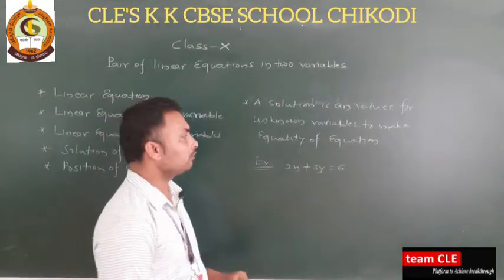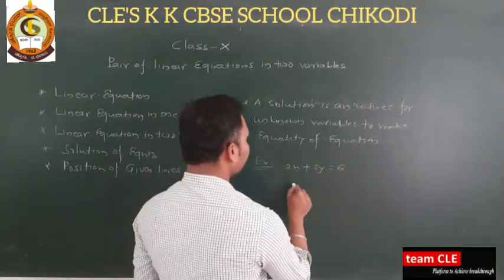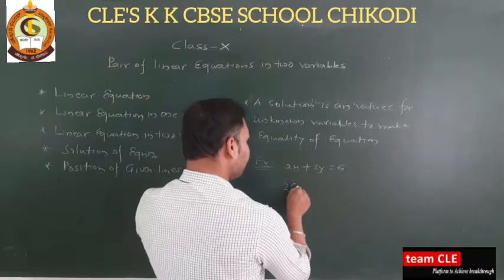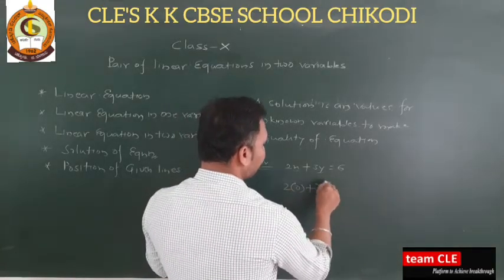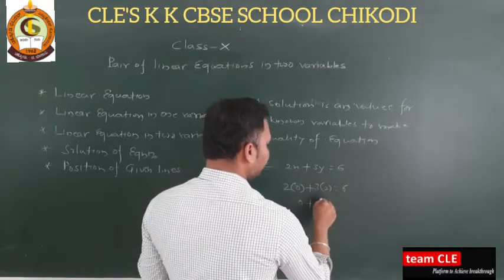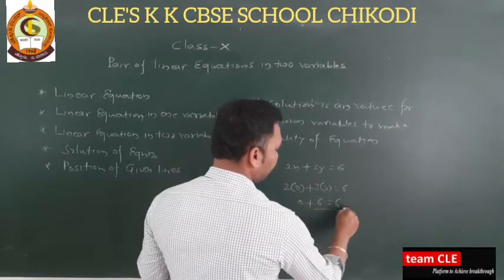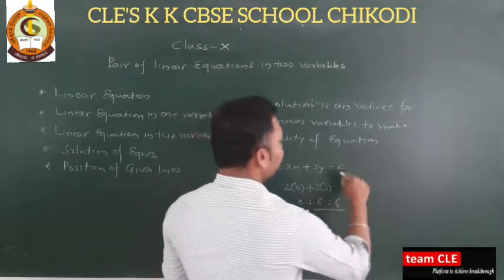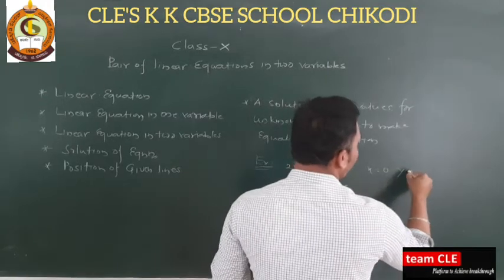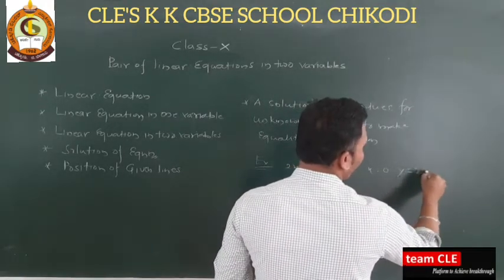Substitute x is equal to 0 and y is equal to 2. Now this is 0 plus 3 twos are 6, so 6 is equal to 6. So the solution of this equation is x is equal to 0 and y is equal to 2.